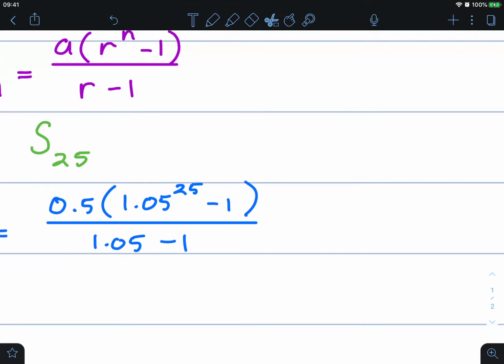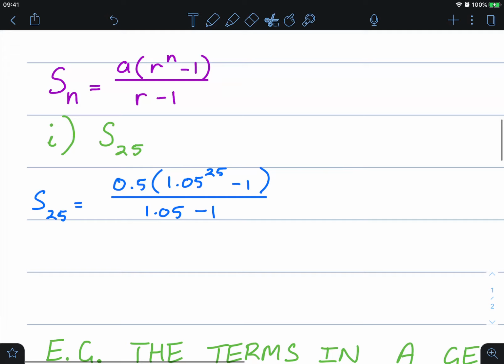The only point I need to make is I've seen students do 25 take away 1, but it should be 1.05 to the power of 25 first and then subtract 1. That's the only thing to be mindful of.